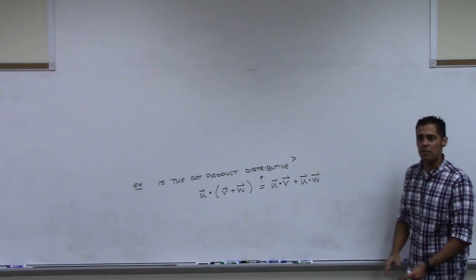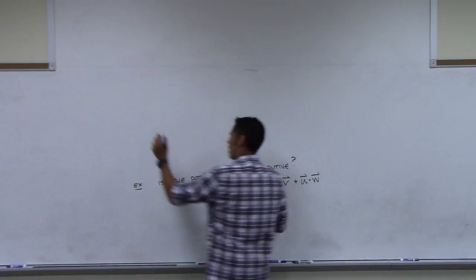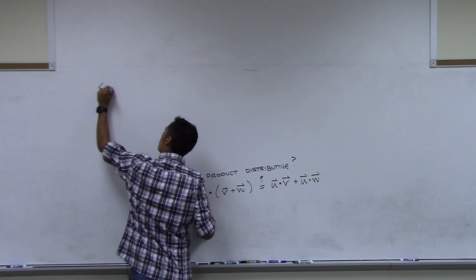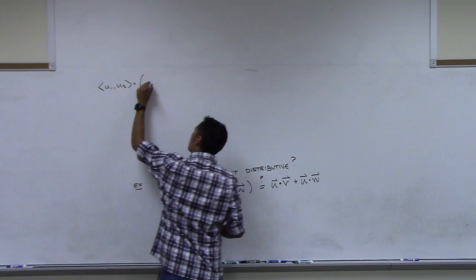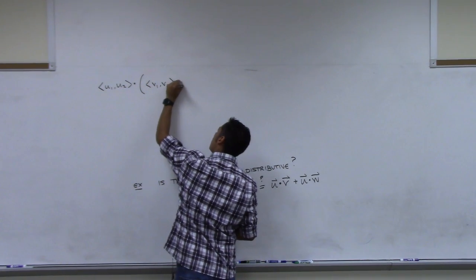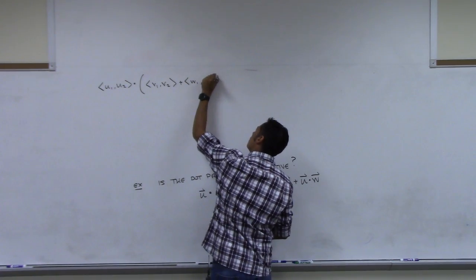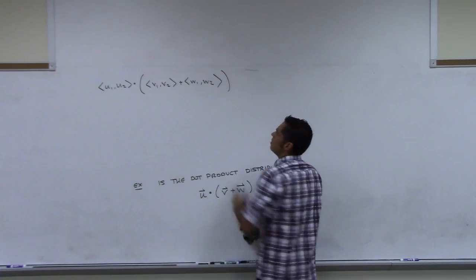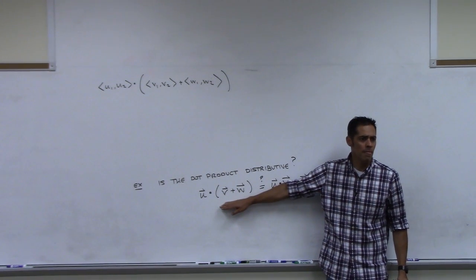All right, let's see if we can figure this out. Let's start with this left-hand side over here. Do you agree that this is the same as U1, U2, dotted with V1, V2 plus W1, W2? Isn't that me rewriting this left side using component form?